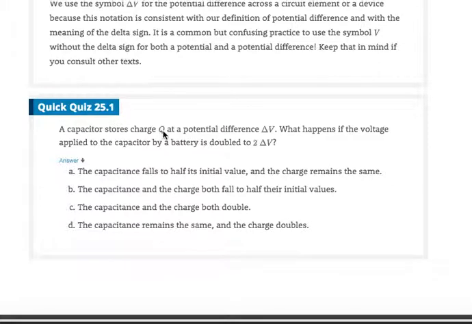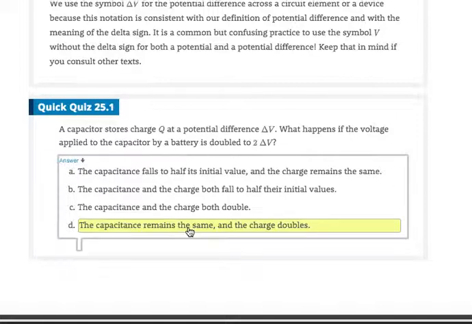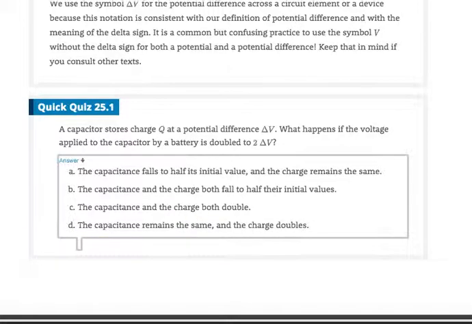So look here. A capacitor stores a charge Q at a potential difference of delta V. What happens if the voltage applied to the capacitor is doubled to 2V? The correct answer is that the capacitance remains the same and the charge doubles, because the capacitance is just a ratio of how much charge can be held with a particular change of voltage.